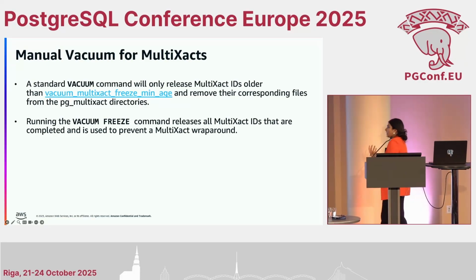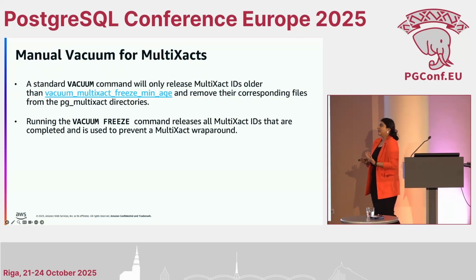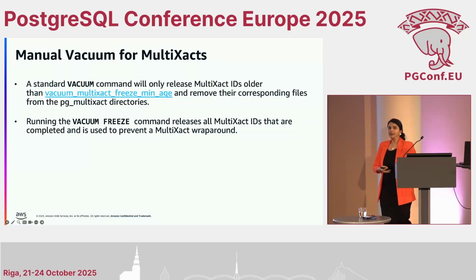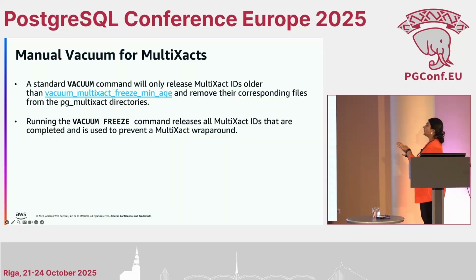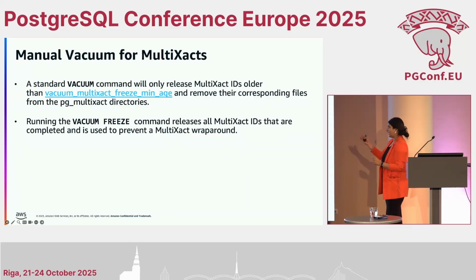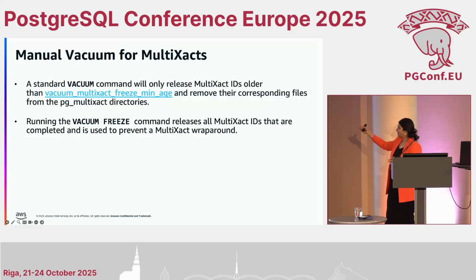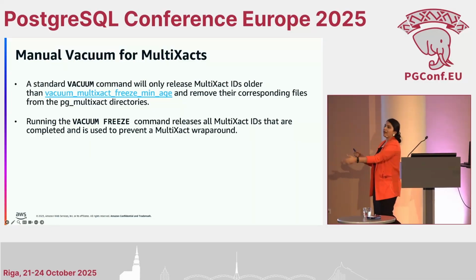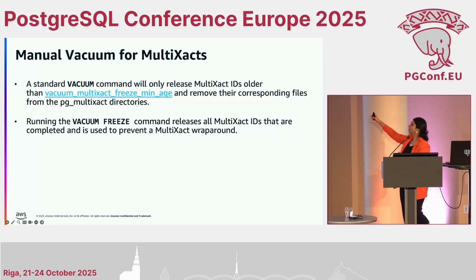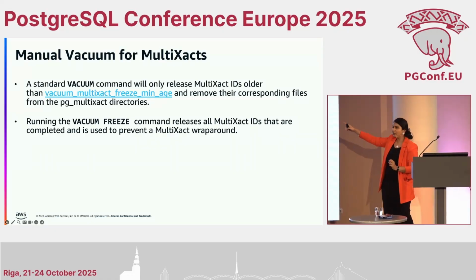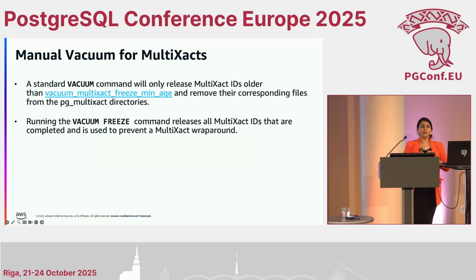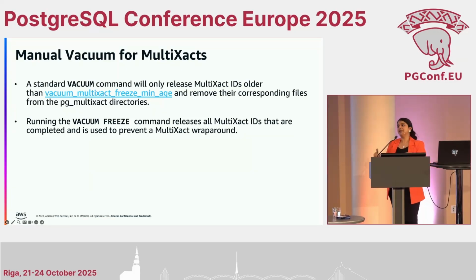Just like you can run standard vacuum or vacuum freeze for standard transaction IDs, you can also run it for MultiXacts. There is one difference though. Obviously the thresholds would be different. A normal vacuum will only release MultiXact IDs older than the vacuum_multixact_freeze_min_age and remove the corresponding files from the pg_multixact directories.